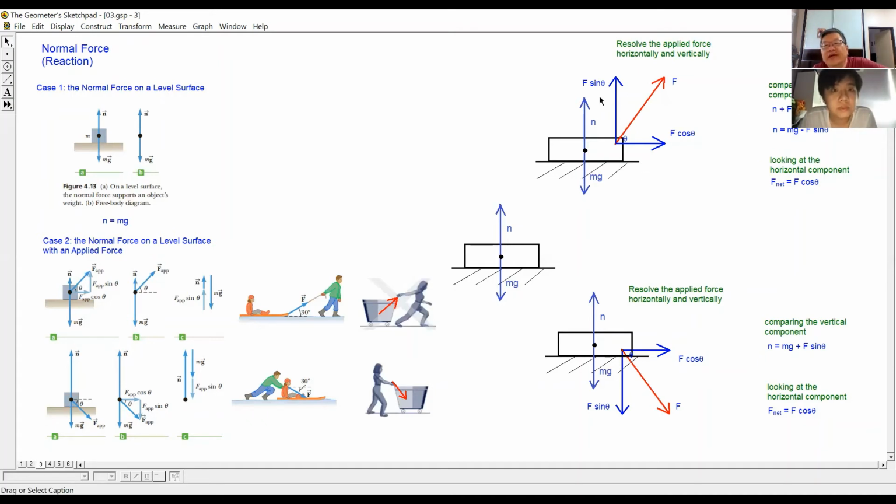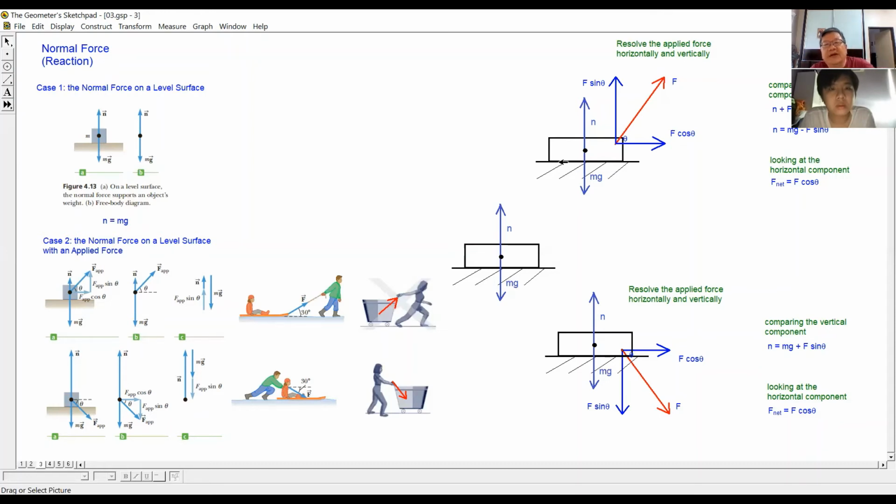Now, just now we looked at the vertical component of the forces. Now we look at the horizontal component. There's only one component there, F cos theta, with no component going in the other way. But in actual practice, there will be frictional force. If this is a smooth floor, then the net force will be F cos theta, because there's no frictional force.